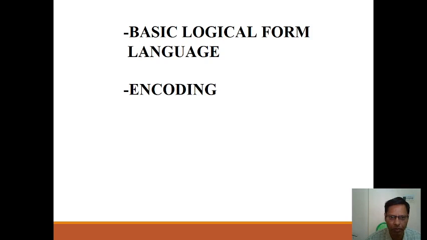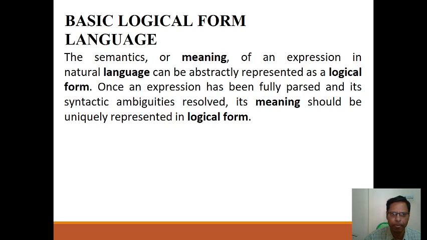Basic logical form language and encoding. What is the basic logical form language? The semantics or meaning of an expression in natural language can be abstractly represented as a logical form. Whatever we are requesting to the system is a logical form once an expression has been fully parsed and its syntactic ambiguities resolved.